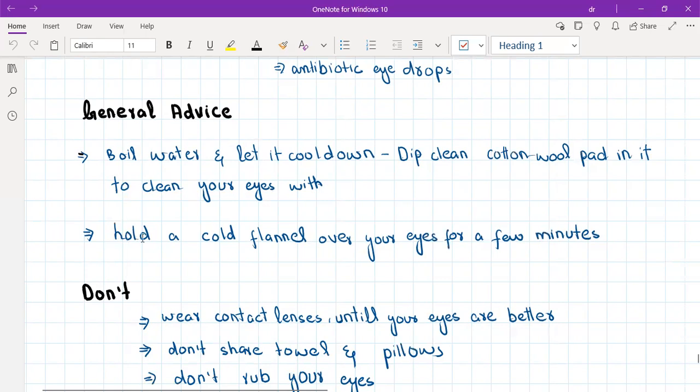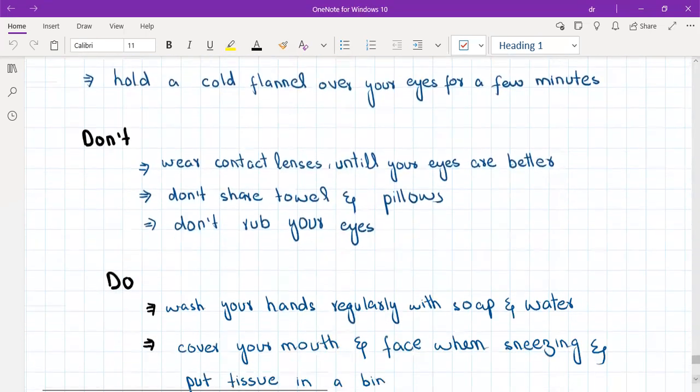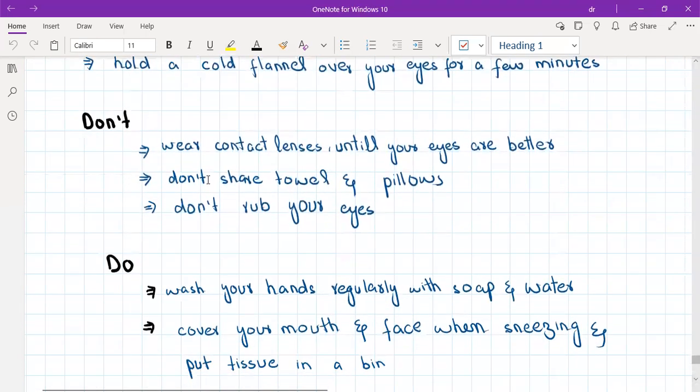You should also tell the patient to hold a cold flannel or a cold clean cloth over your eyes for a few minutes, and that will give you relief and will resolve the condition quickly. There are some do's and don'ts. We'll tell them, don't wear contact lenses until your eyes are better. Don't share towels or pillows with anyone. Don't rub your eyes.